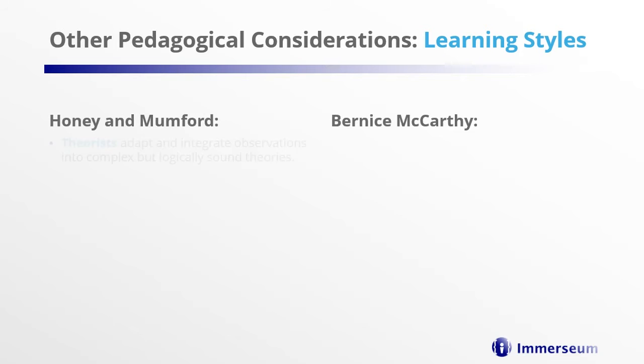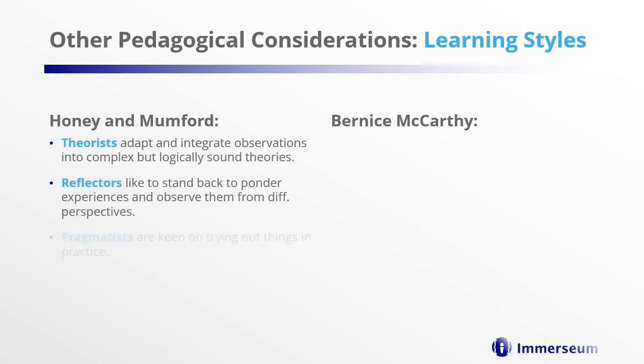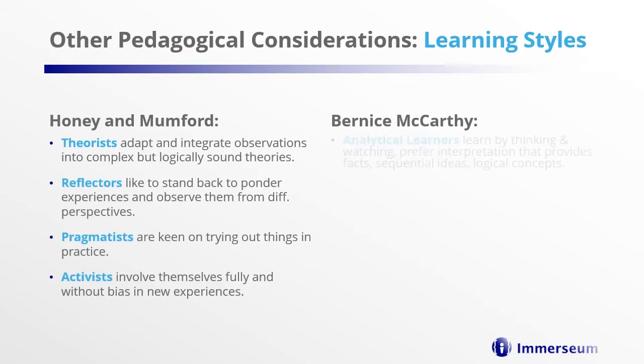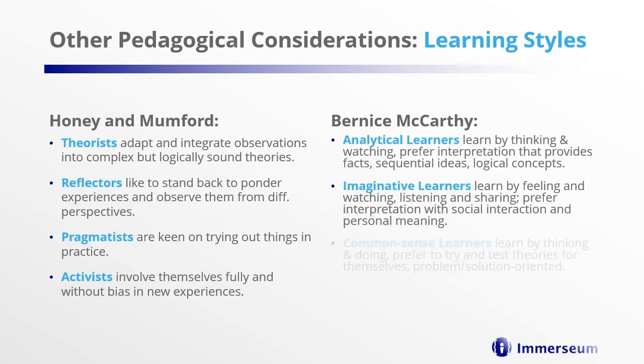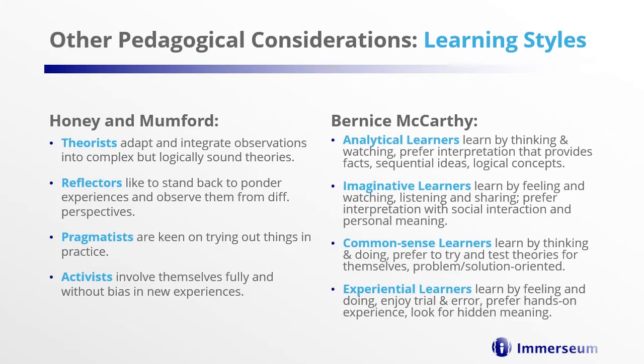One is from Honey and Mumford, who basically did learning styles in a particular management training context, where they talk about theorists, reflectors, pragmatists, and activists, which are different ways that people interact with and learn, sort of how they approach the development of knowledge.